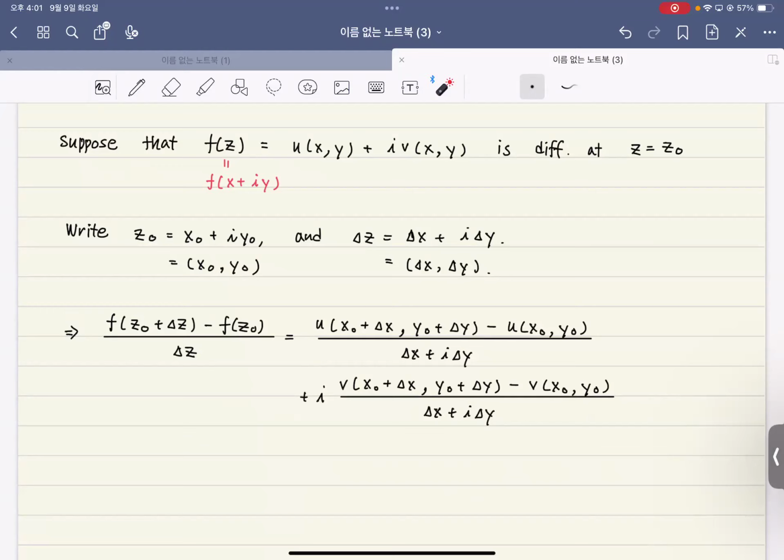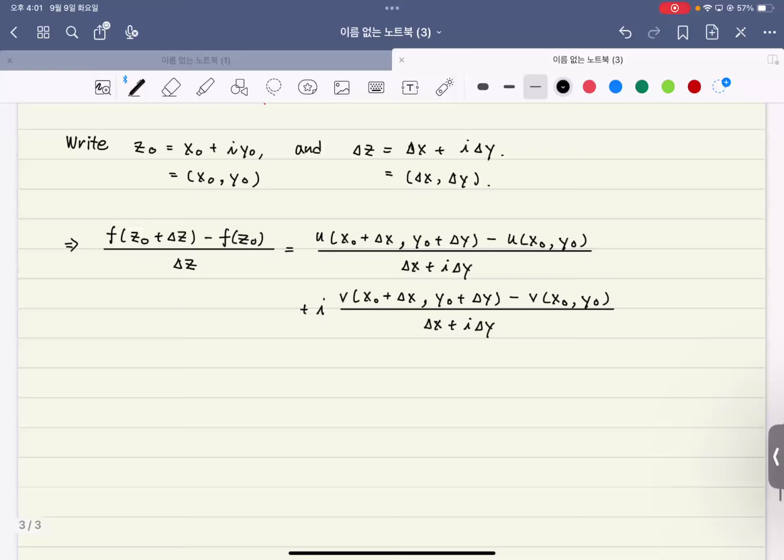Okay. All right, good. Because we are assuming that this function is complex differentiable at this point, the limit of this quotient exists as delta of z tends to 0, right? So this means, say this is my plane of delta of z, and delta of z is tending to 0, tending to the origin.